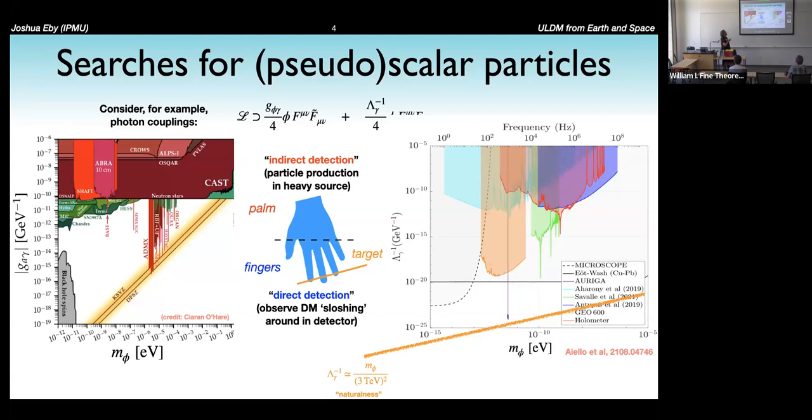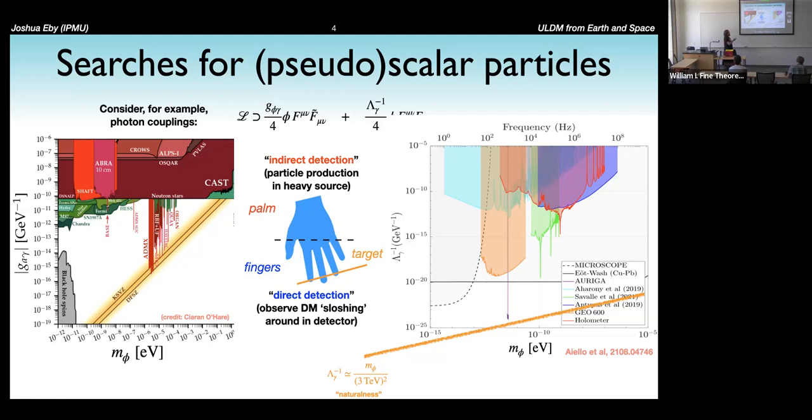So in the pseudoscalar case, what I mean by this is things like astrophysical searches, so production of axions in stars or in other astrophysical objects, looking for things like neutron star cooling. These kinds of indirect constraints generally are flat in mass because you're producing very light particles whose energy scale is dictated by the source rather than some intrinsic dynamics.